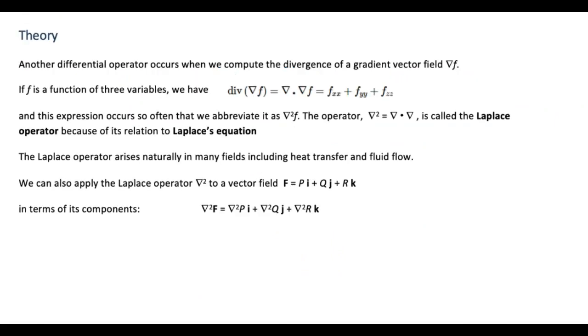So just a little bit more theory, and some of this stuff is going to come up later. But we have this differential operator that happens when we find the divergence of the gradient. So the divergence of the gradient of a vector field. In this case, because we're talking about 3 variables here, at least in the case of 3 variables, this is just going to be the second order partial derivative of xx, second order partial derivative of yy, and second order partial derivative of zz.